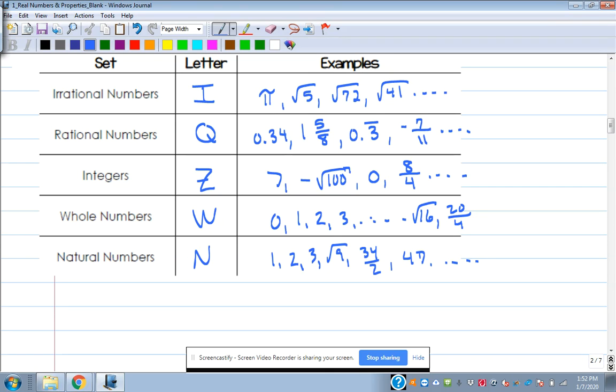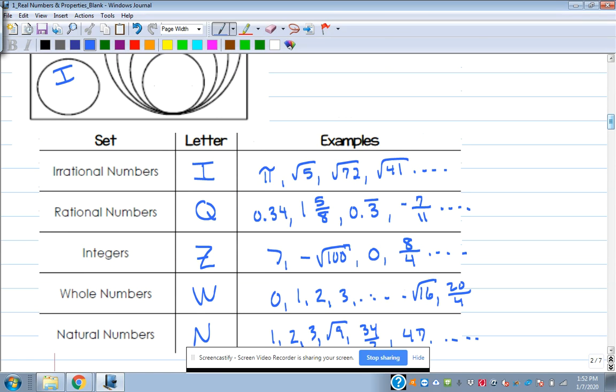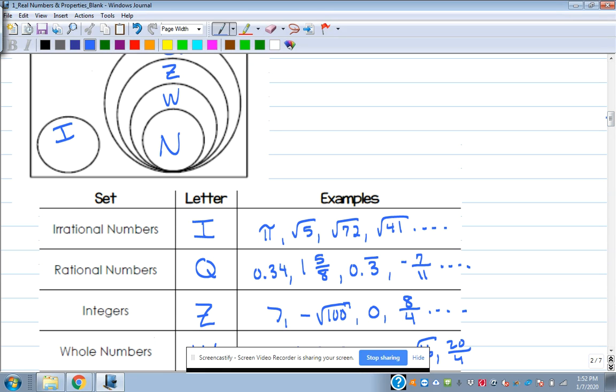Only positive numbers, no zero. Okay, so if you're in this bucket, then you're a natural number. If you're inside of that bucket, you're a natural number, you're a whole number, you're an integer, you're a rational number, and you're a real number. You're all 5 of those if you're inside of the natural numbers bucket.